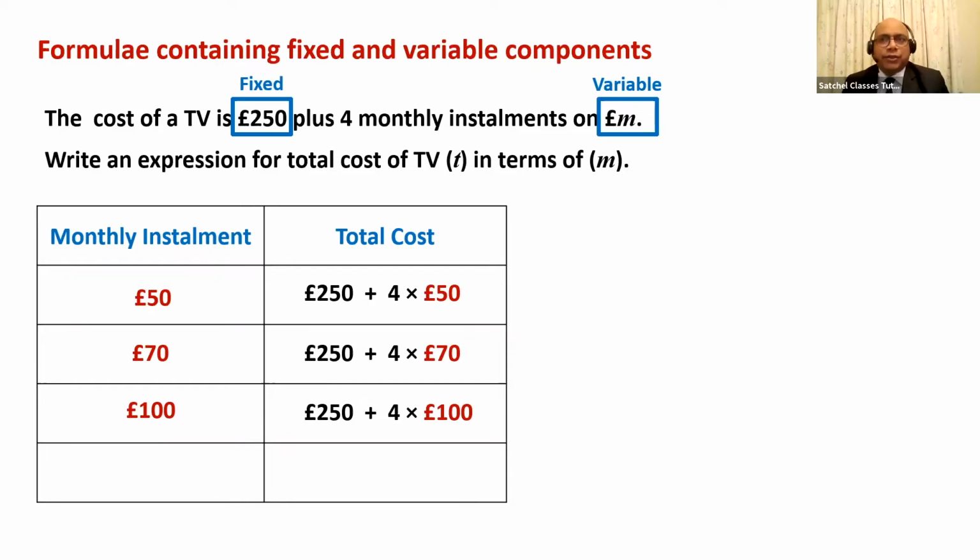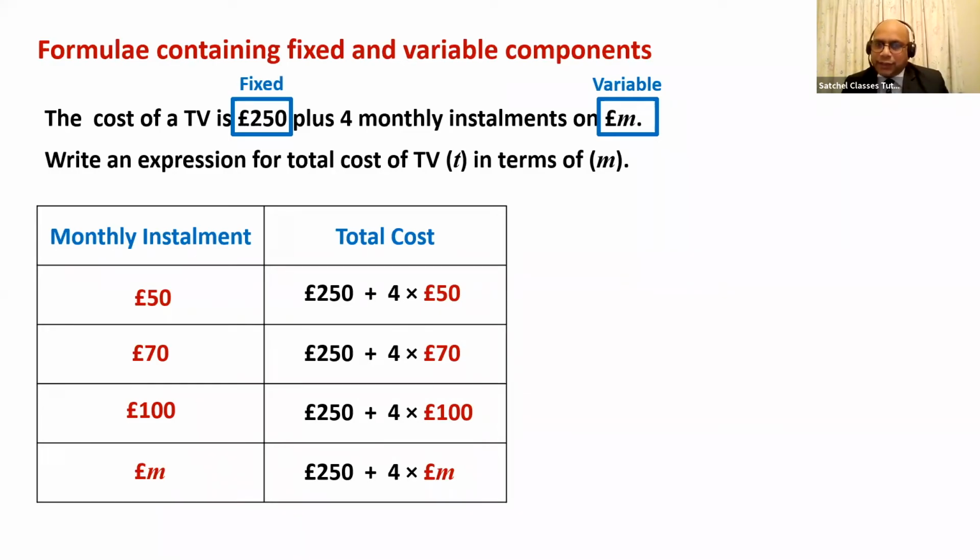Now that you can see the pattern, what if the monthly installment was M pounds? That's what is given in the question, right? So it will be £250, which is the fixed down payment, plus 4 times the installment of M pounds.